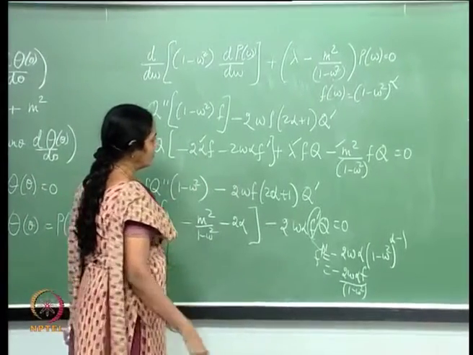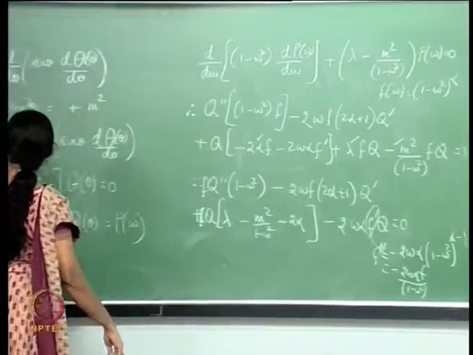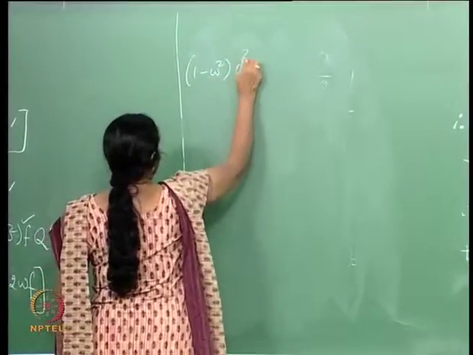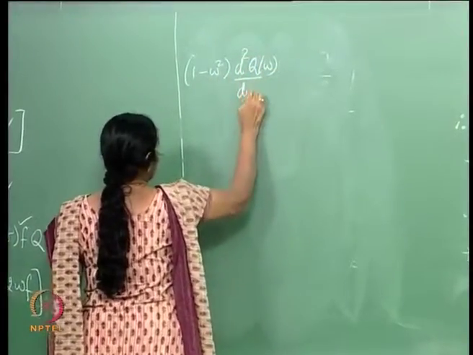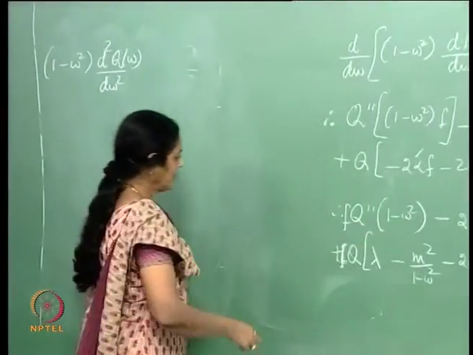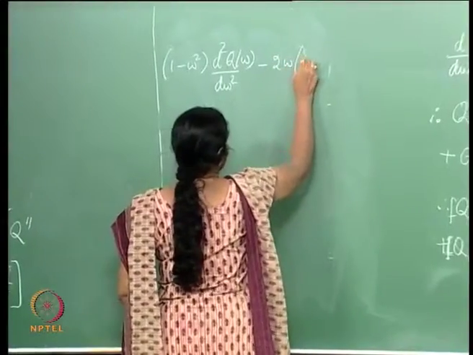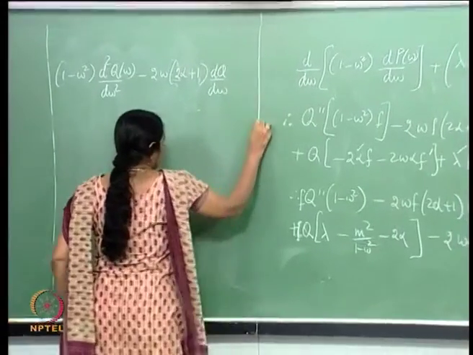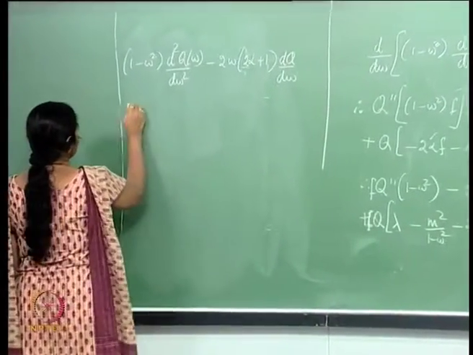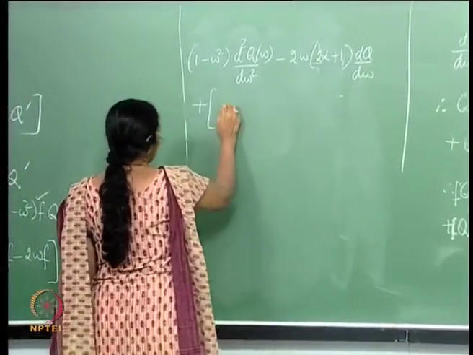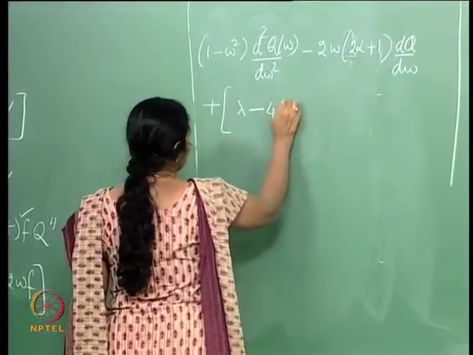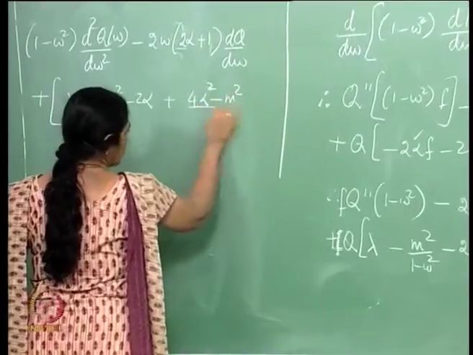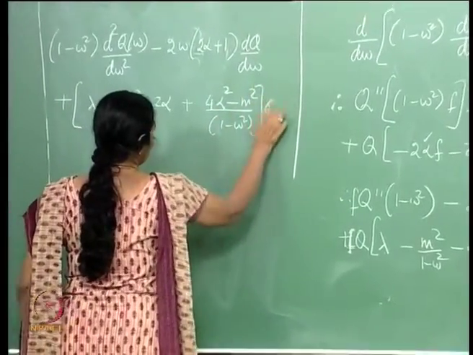You can cancel f everywhere, and the equation simply becomes, in simplified form, (1 - w^2) d2q of w by dw squared. That is the first term, minus 2w times (2 alpha plus 1) dq by dw. That is the second term, plus (lambda minus 4 alpha squared minus 2 alpha plus 4 alpha squared minus m squared by (1 - w^2)) q equals 0.